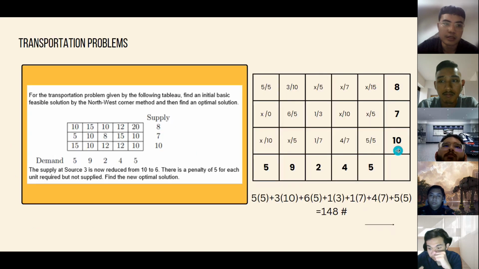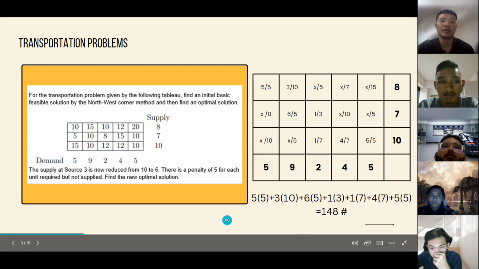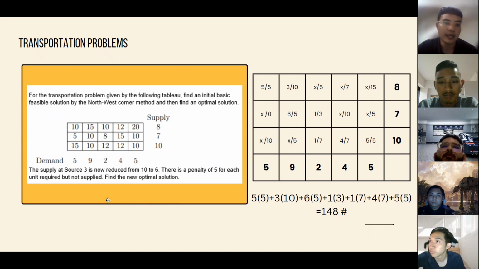Next, the question as below says the supply at source 3 is now reduced from 10 to 6. That means from 10 reduced to 6, there is a penalty of 5 for each unit.